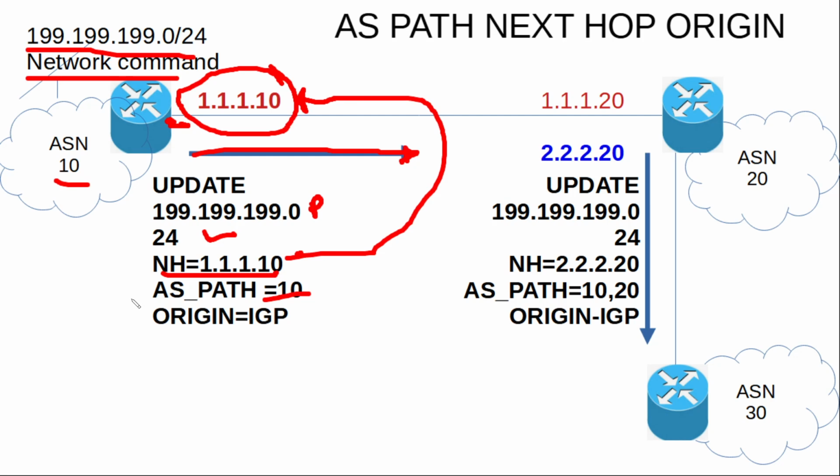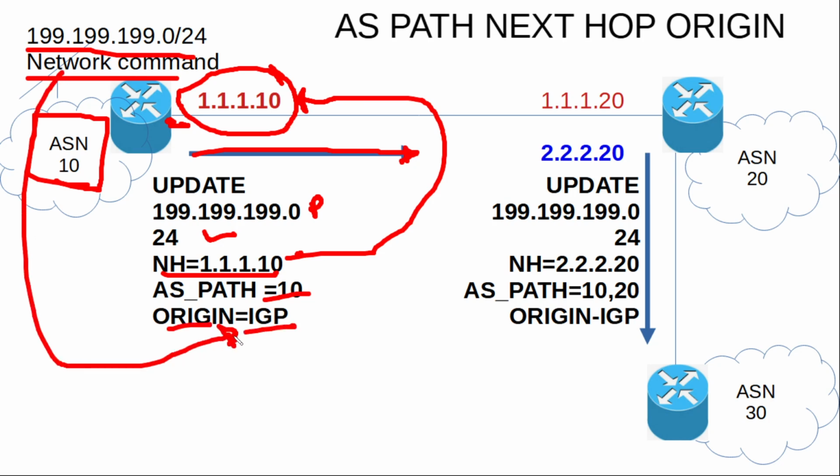So in this case, given this is the first time we are advertising this prefix, the only autonomous system number that it has in the AS path is its home autonomous system number, which is number 10. And then we're going to set the origin to IGP. IGP happens when you use the network command.